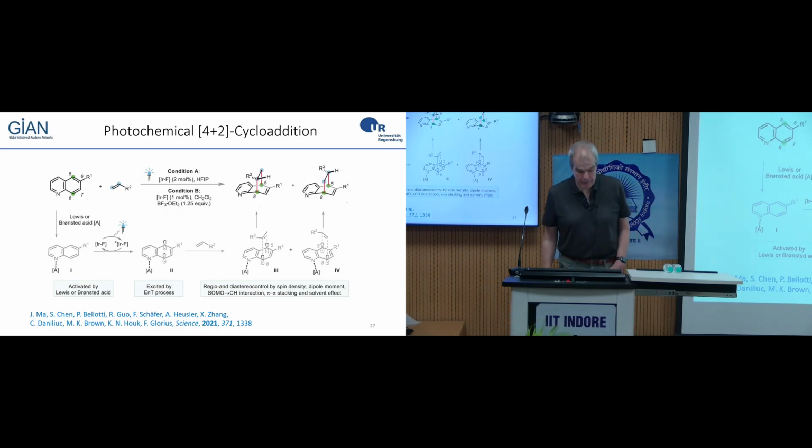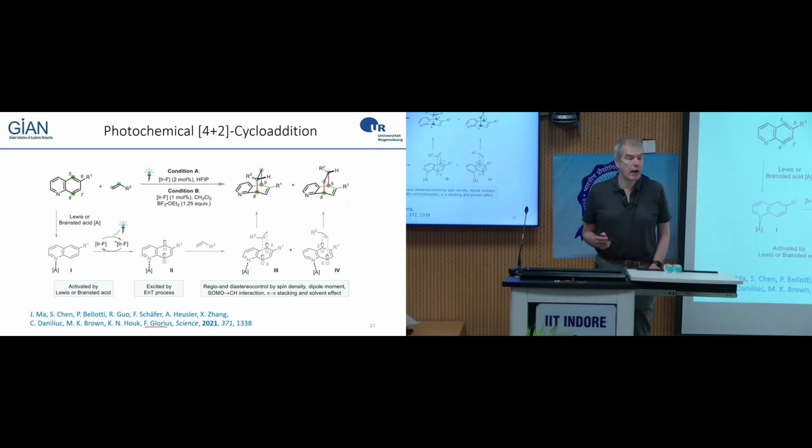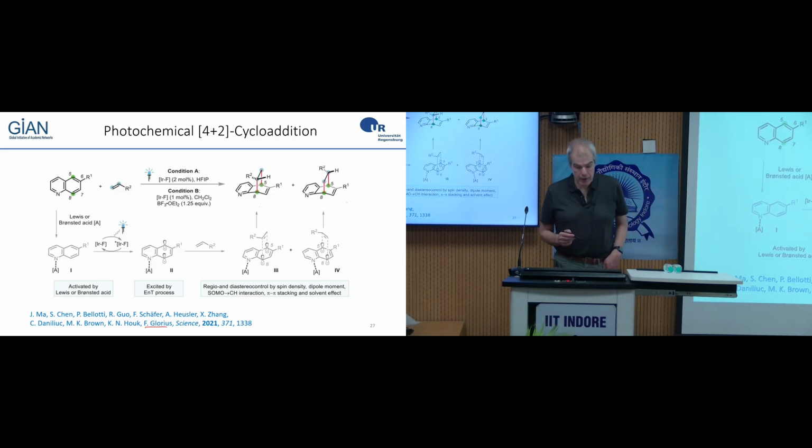And again, I think this is very exciting. This is work from the group of Frank Glorius, who showed that the energy transfer conditions actually allow you to dearomatize arenes, and the ones which he's using are these isoquinolines.